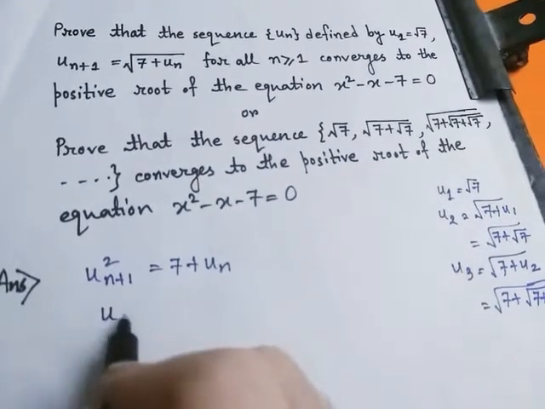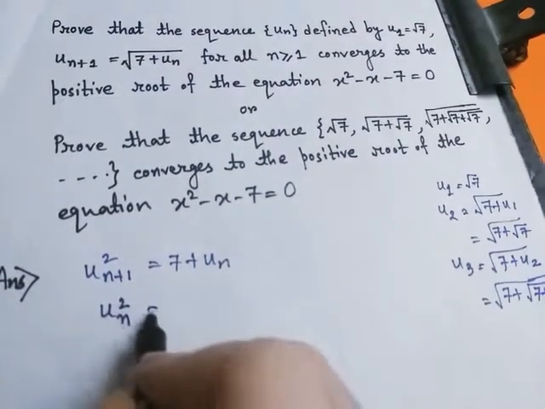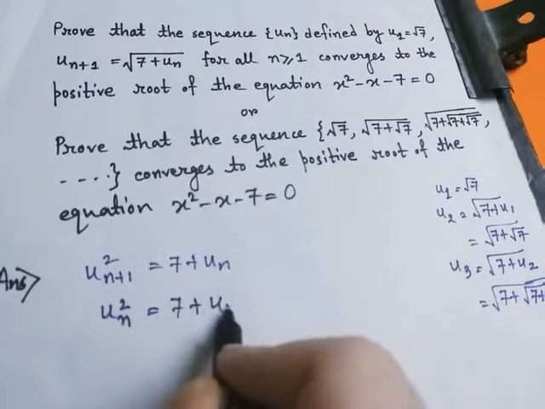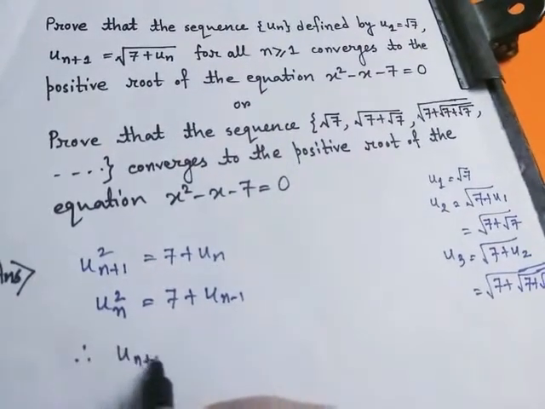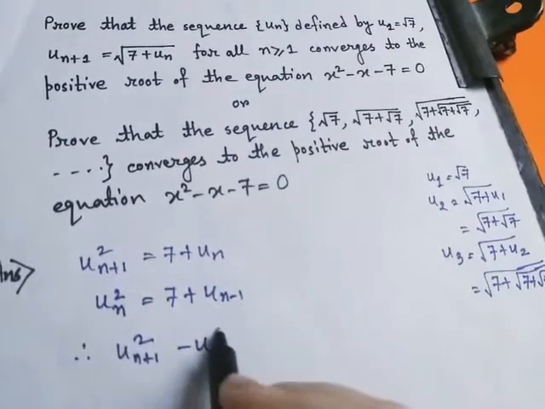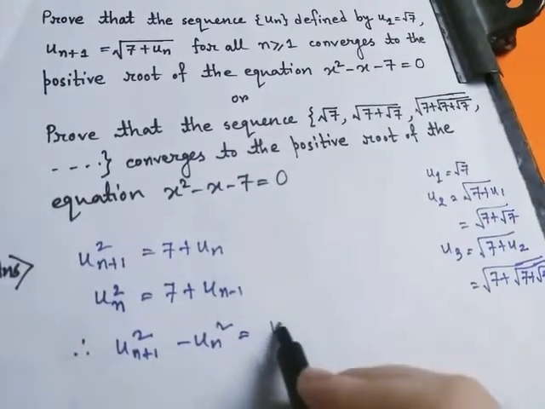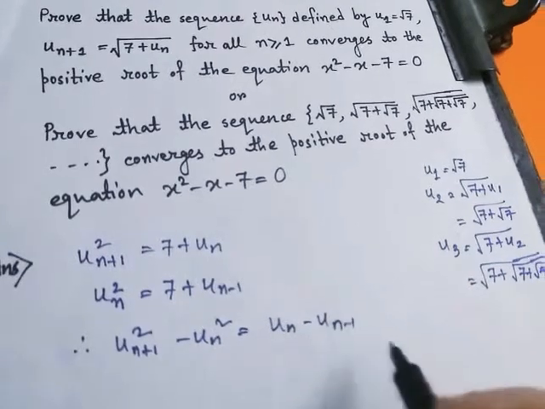So we can write from this u_n² = 7 + u_{n-1}. Therefore u_{n+1}² - u_n² = u_n - u_{n-1}.